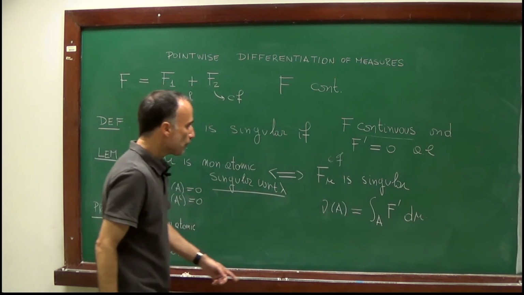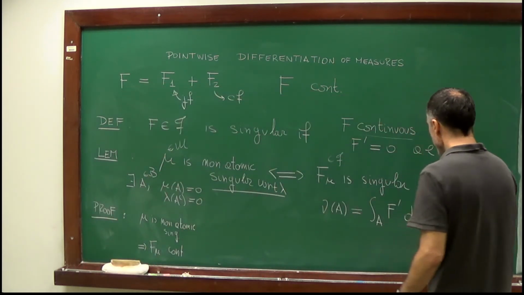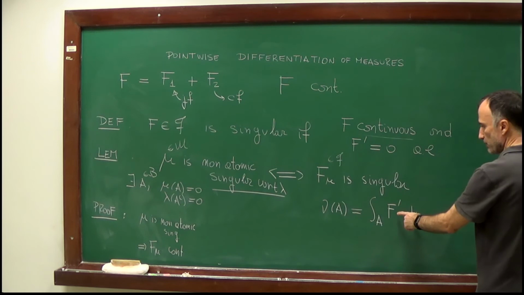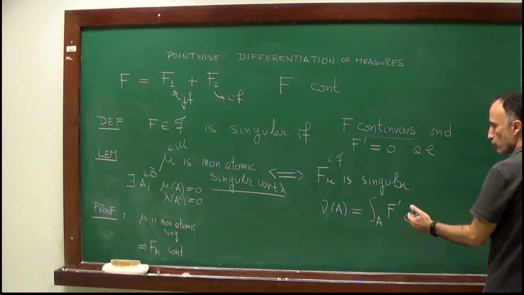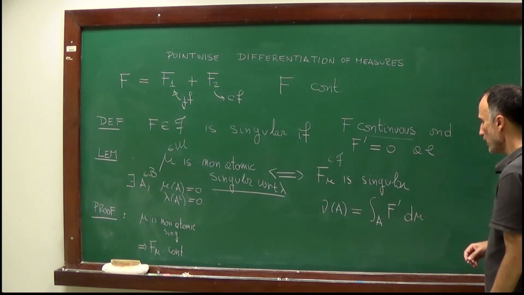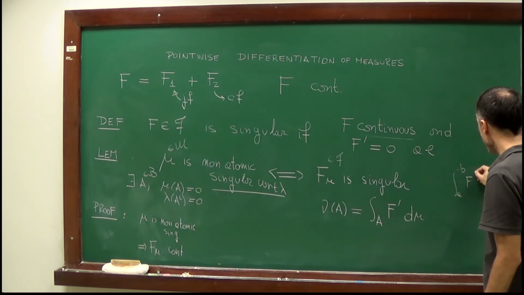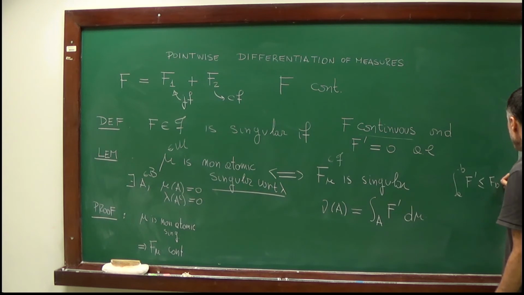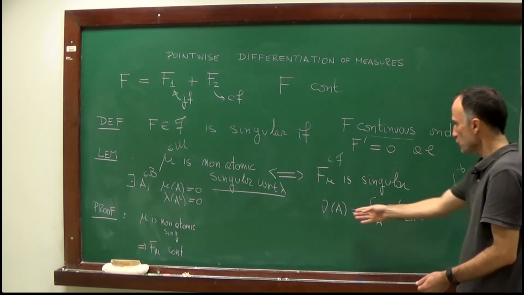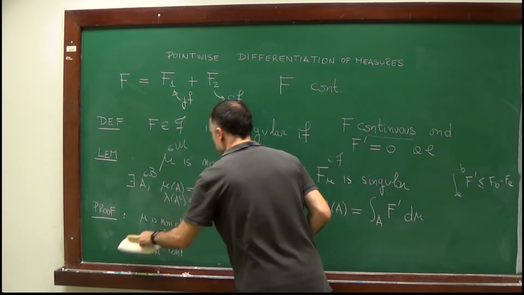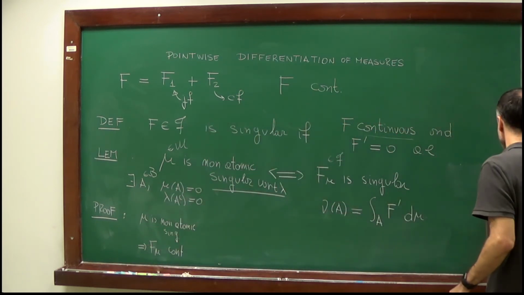Okay? We know that f prime is non-negative and it's integrable over finite intervals, because we know that the integral over (a,b] of f prime is bounded by f(b) minus f(a), right? So f prime is integrable, so this measure is well defined. Okay.